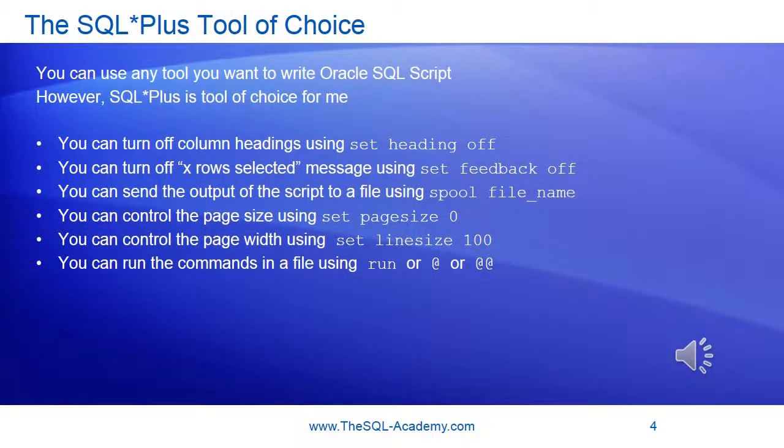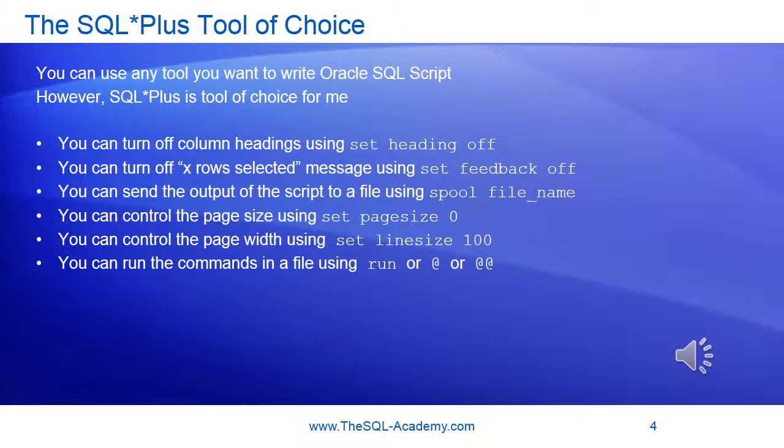You can use any tool you want, if you like Toad or Oracle SQL Developer or any other tool you are comfortable with. But I really believe that SQL Plus is the best tool for Oracle SQL scripting because of the many SQL Plus commands it provides to format the output of a SQL script the way we want. For example, you can turn off the column heading using the set heading off command.